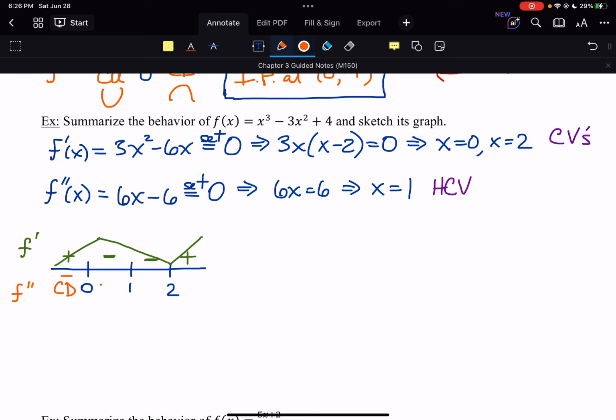And actually, we're only looking around 1 for this one, so this one will also be concave down. So we just have kind of a big concave down section. For a value greater than 1, you could even pick 2 if you want. You get 12 minus 6 is positive, so these are concave up, like that.